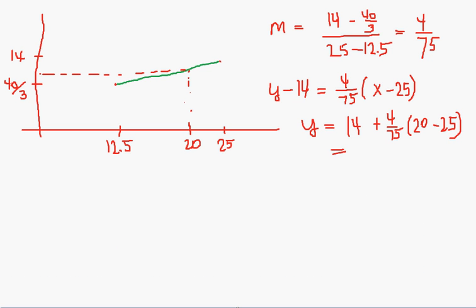Doing the arithmetic, we get that the 20% trim mean is 13.73 bar, or written as a fraction, 13 and 11/15. So that is the technique to use interpolation to figure out a trim mean where the trimming does not correspond to an integer number of entries.